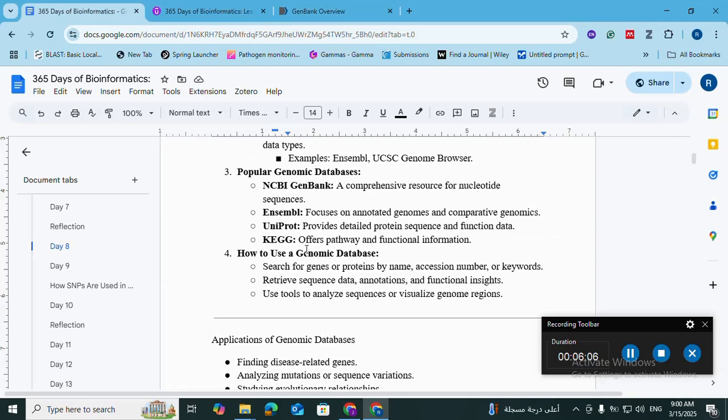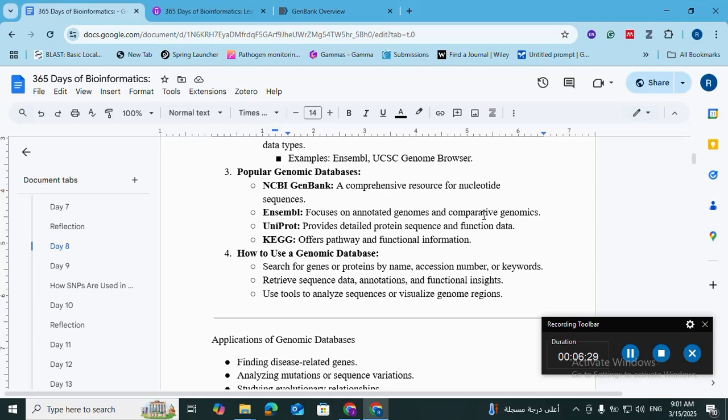What other popular genomic databases? Ensembl. It focuses on annotated genomes and comparative genomics. Annotated genomes: annotation, what is the function, what is the site, information about these genomes. Comparative genomics: what is the difference between the genome of human and other species.